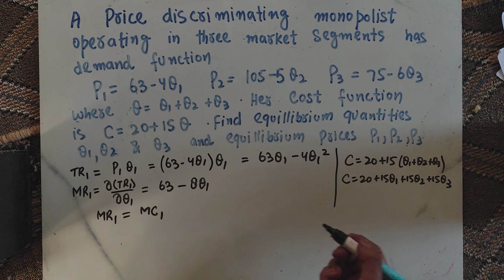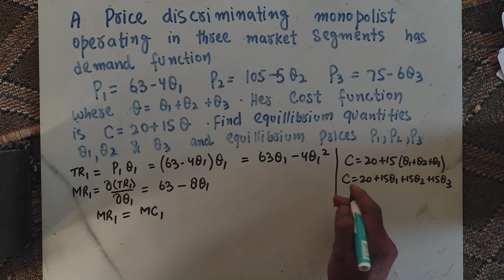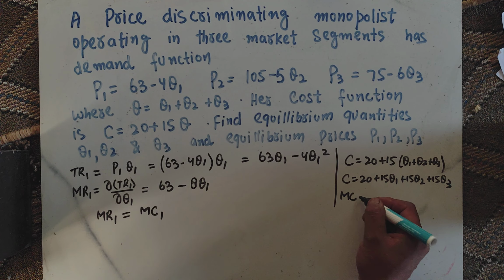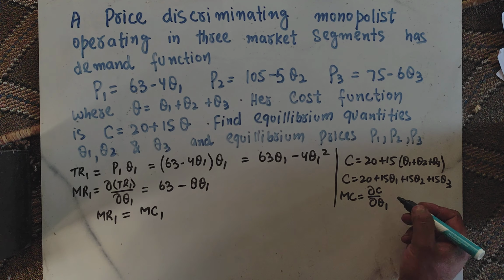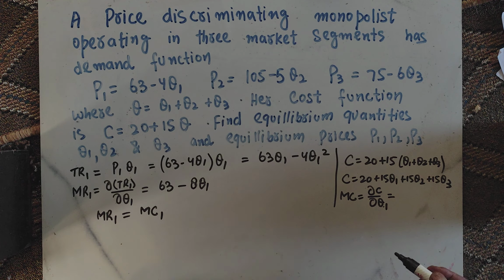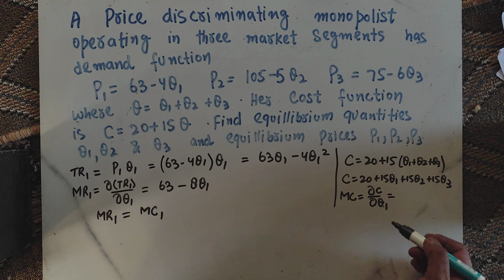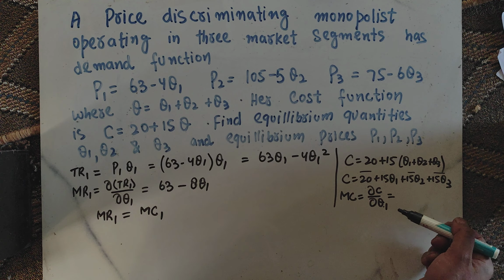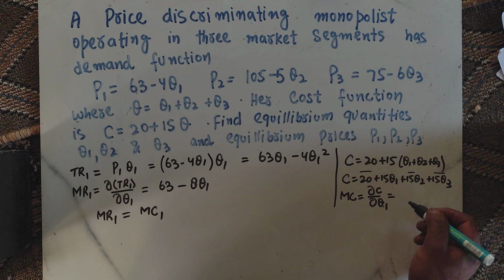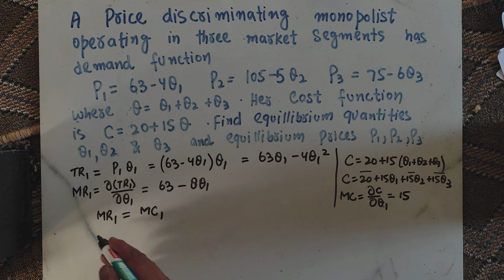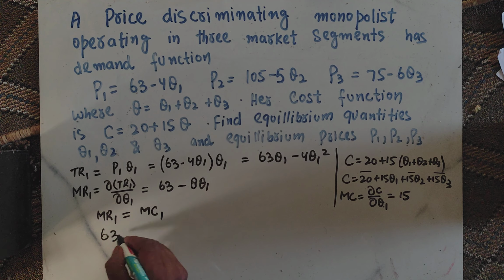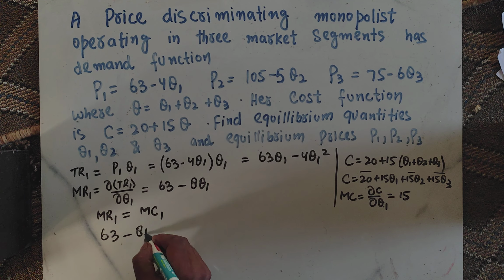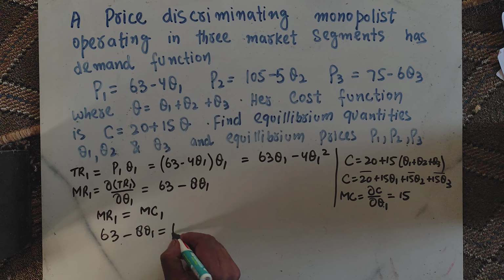Marginal cost will be the change in the cost due to the change in the quantity Q1, so we take the partial derivative of this function with respect to Q1. The derivative of a constant is 0, and the derivatives of the third and fourth terms are also 0, because we are taking the partial with respect to Q1. The derivative of 15Q1 is 15. So equating marginal revenue with marginal cost gives us 63 minus 8Q1 equals the marginal cost in the first market, which is 15.